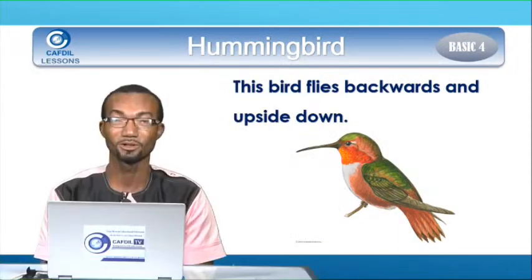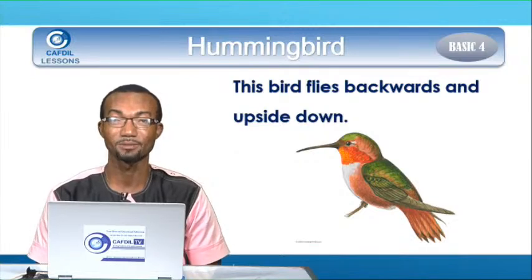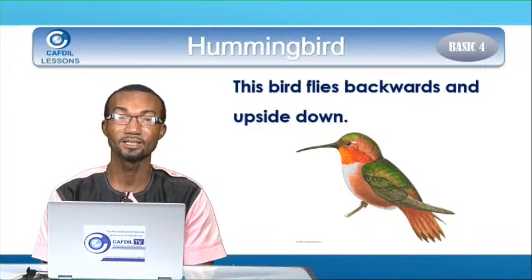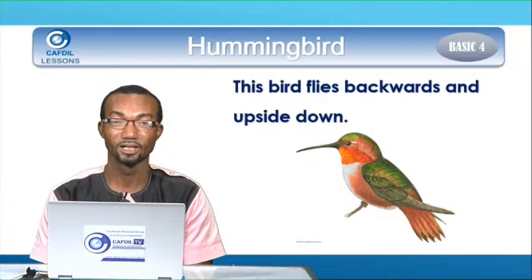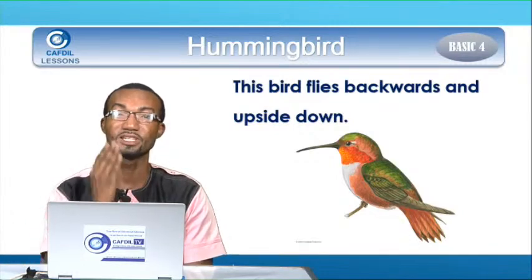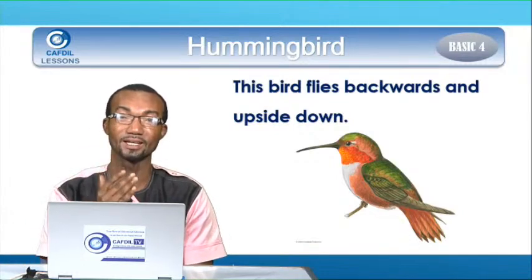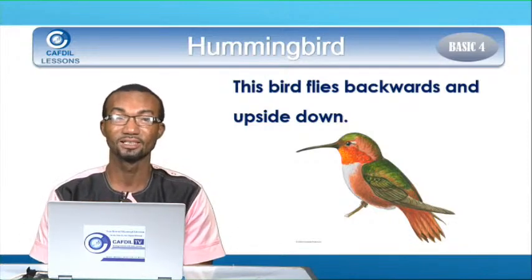We have a bird on your screen called the hummingbird. This bird flies backwards and upside down. So you see that if the bird is moving upwards, the beak will be facing the sky, and then the back will be facing the ground.